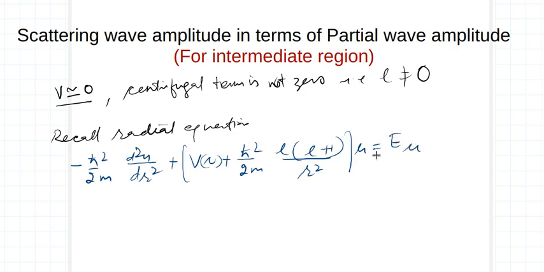It is the radial equation. So for the intermediate region, this potential part will be zero.